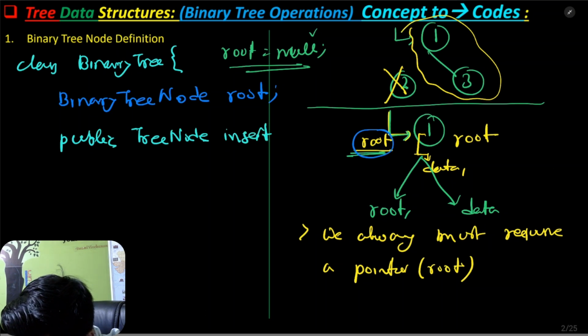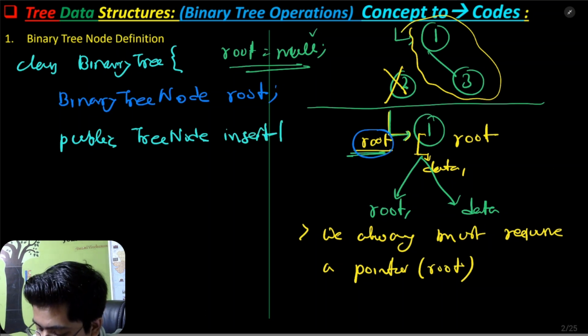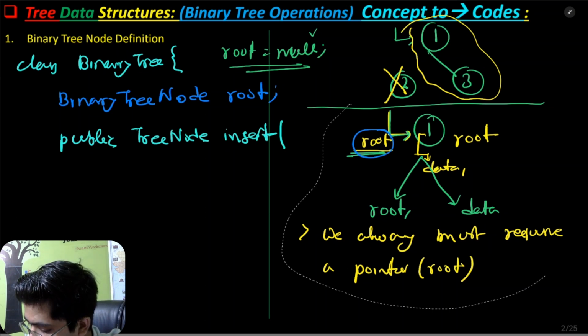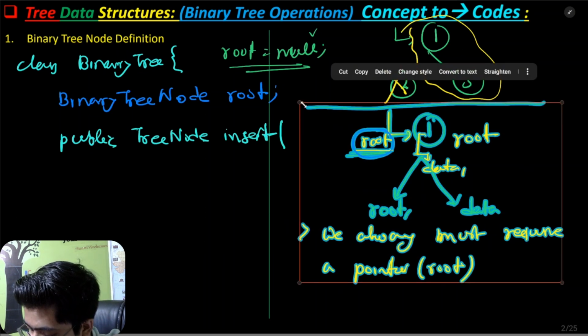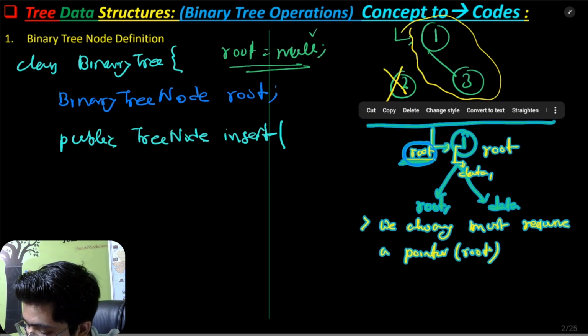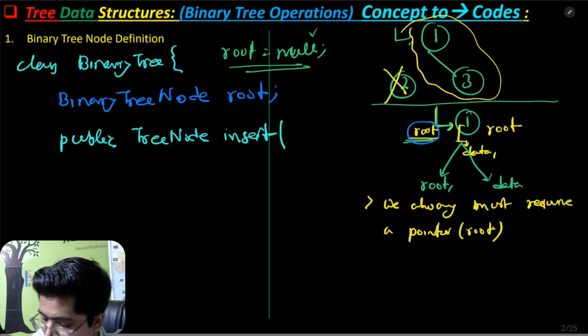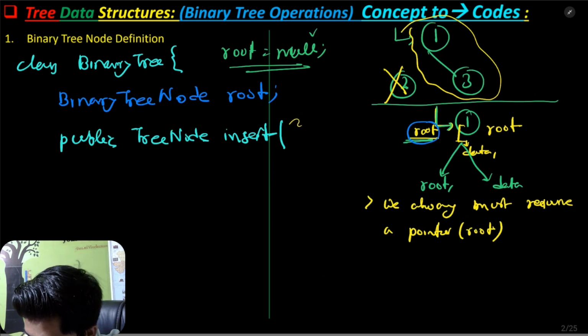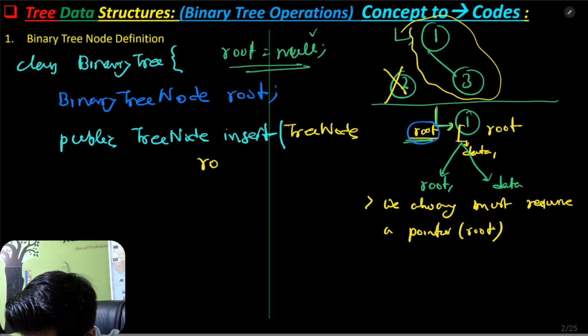Two things we have to pass from here. In the insert function we have to pass the root, of type tree node root, and then we have to pass the integer value.